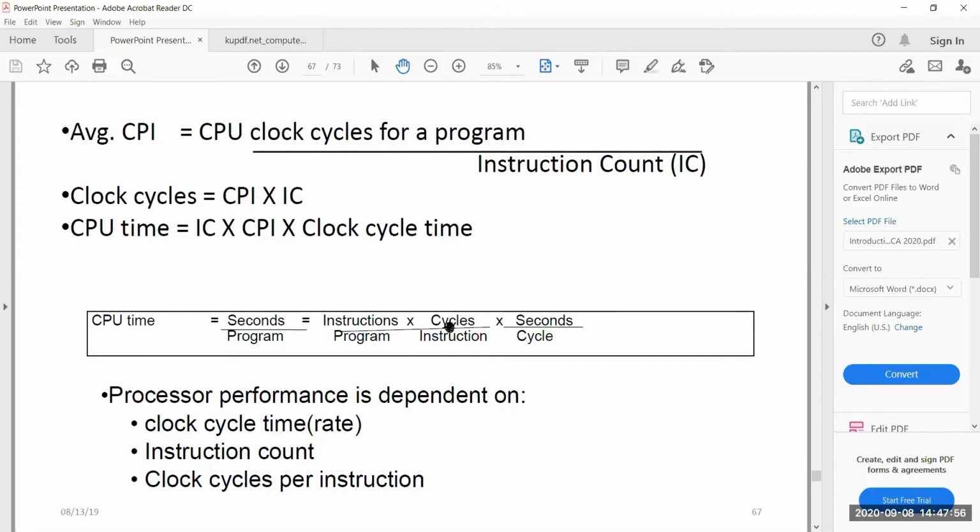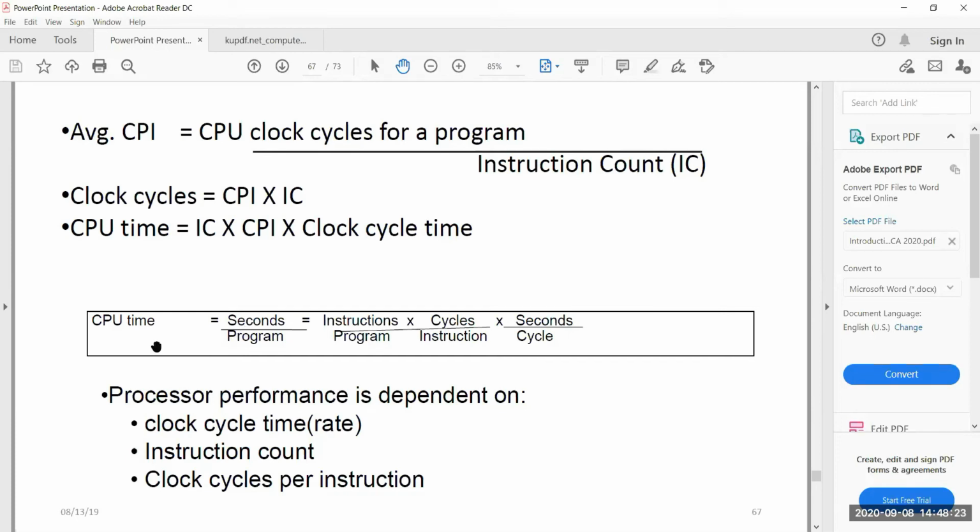CPI stands for the number of clock cycles per instruction, and clock cycle time is the amount of time, for example the number of seconds per single cycle. So that gives you your CPU time, which is the execution time, generally measured in seconds. So for a given program, how many seconds does it take for the CPU to execute?